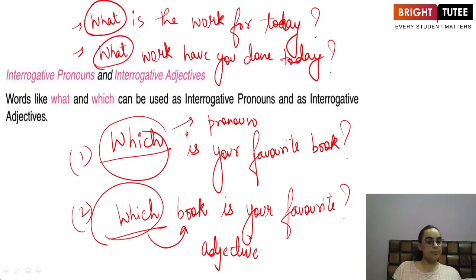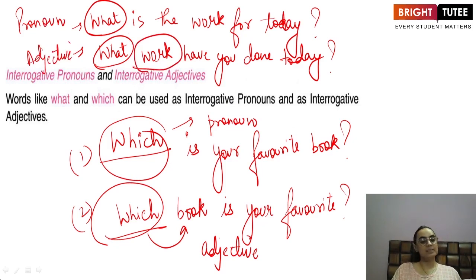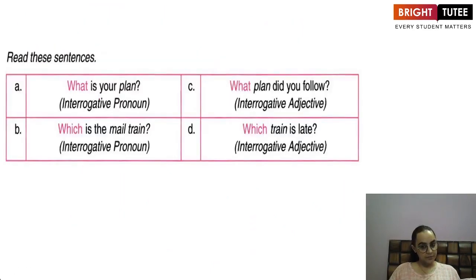What is used in both the sentences? In the first sentence, it is used as a pronoun because it is used in place of a noun. While in the second sentence, it is used as an adjective because it is followed by a noun which it is modifying. Clear? So this is how we differentiate between an interrogative pronoun and an interrogative adjective.